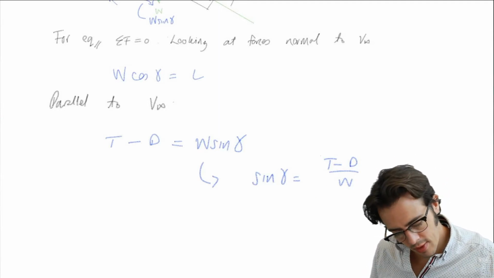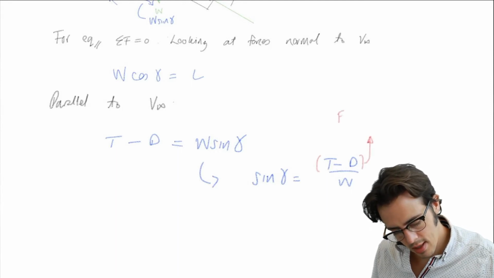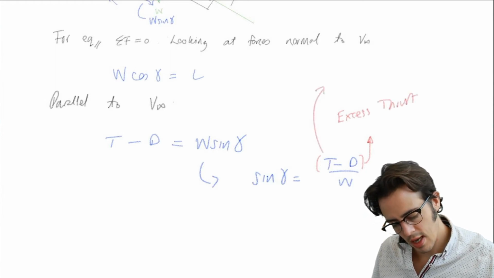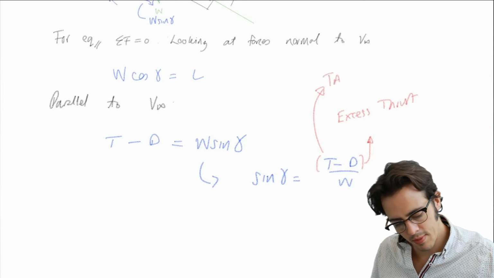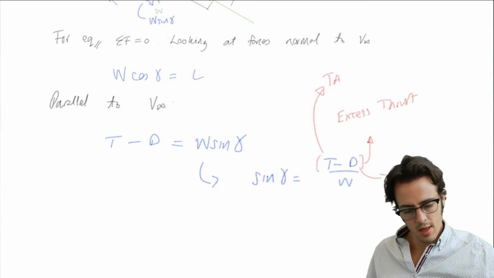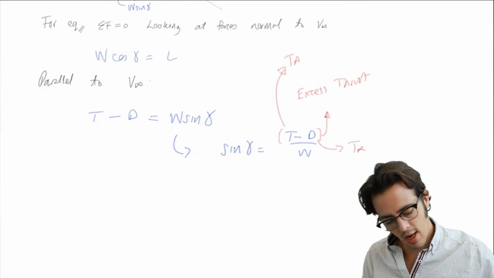So this quantity in here, thrust minus drag, is our excess thrust. So thrust that's going to be here, we can consider this is our thrust available, and this is our thrust required. So that gives us the condition for the biggest climb angle immediately.